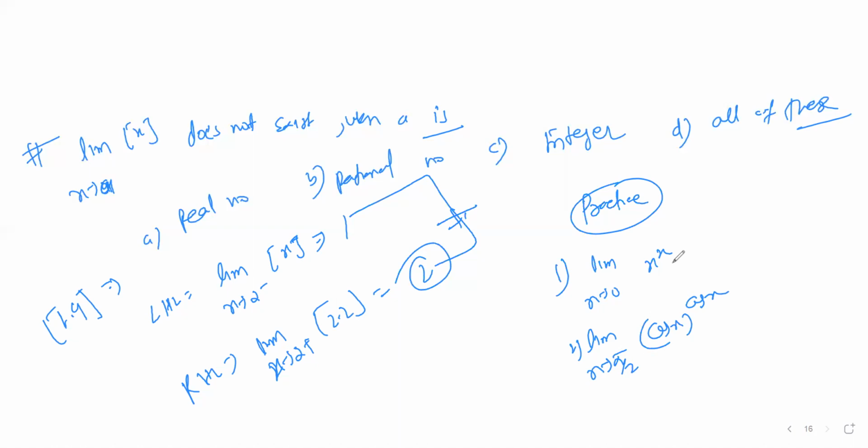And one more, limit x tends to 0, sin x into log x, and limit x tends to 0, sin x into log x square. So you need to find the limit for these questions.